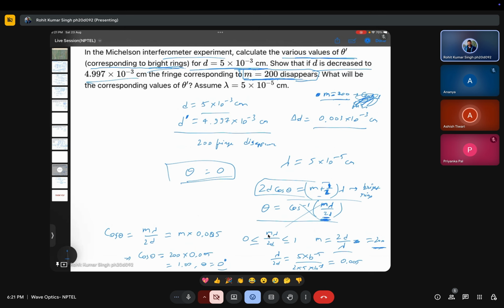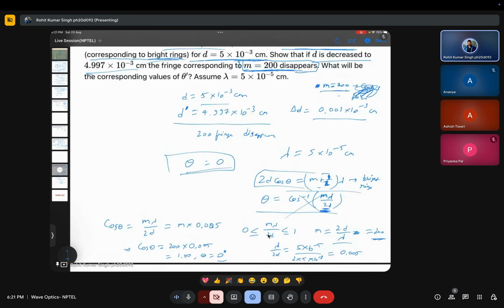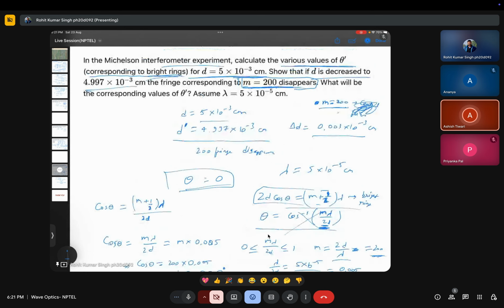But sir, we had to calculate simply cos theta equals m plus half lambda by 2d. So this is the condition of dark in Michelson. No, this is for bright. But sir, they are taking the transmitted region. Reflected conditions are just opposite to transmitted conditions.